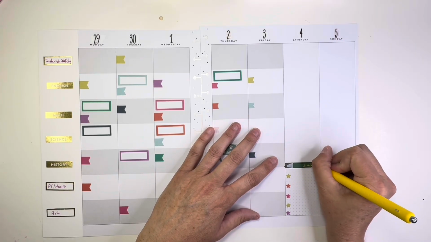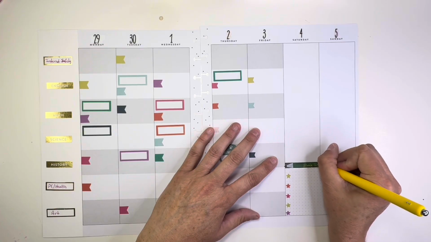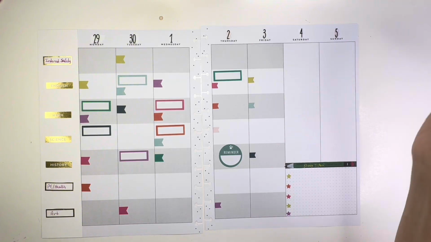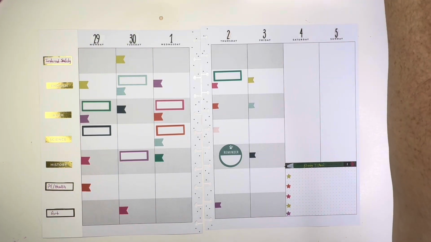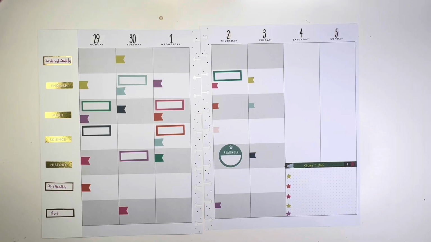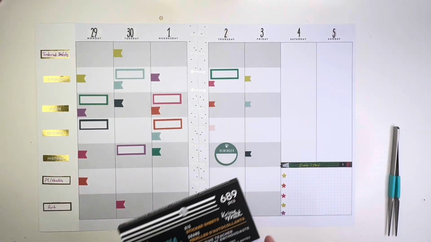Kinda. These, the bright ones at least, they skip really bad. Okay, so that's got all of the functional taken care of.